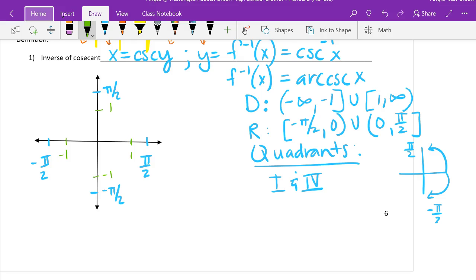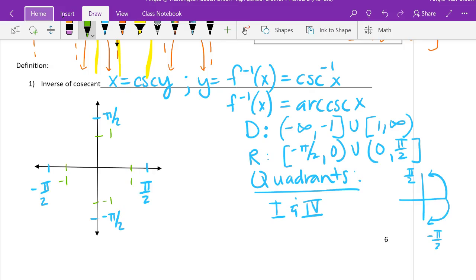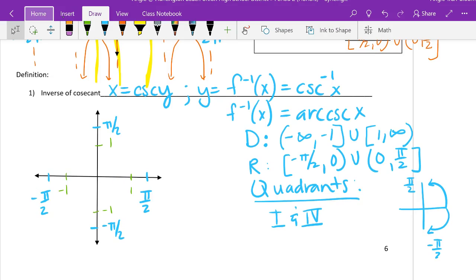We'll start with the parent, with the restricted one. So cosecant of x. Should we put the asymptote right away for y equals cosecant of x? Yeah, so at 0. Here's the parent function for cosecant. I only have 1 dot on the right. Cosecant on the right has a dot at where?